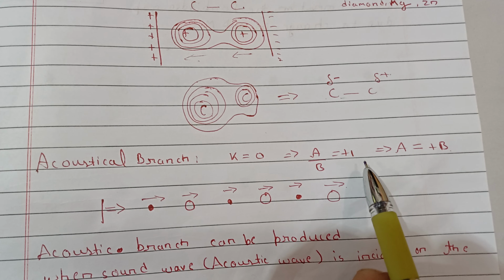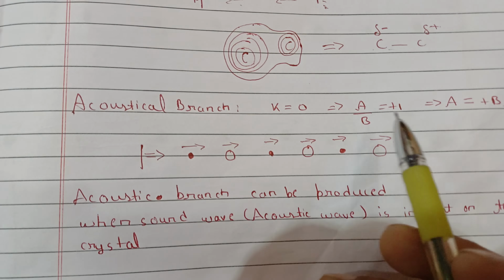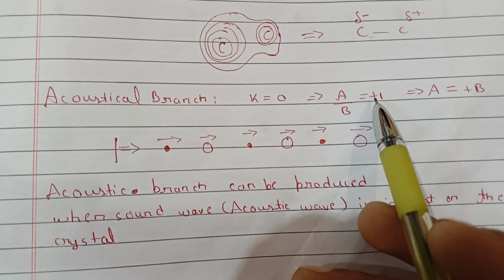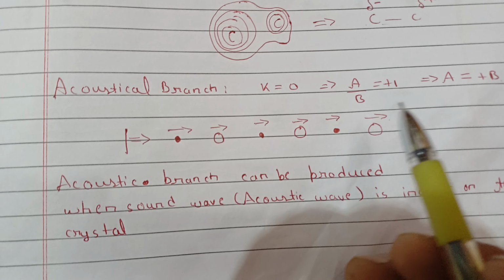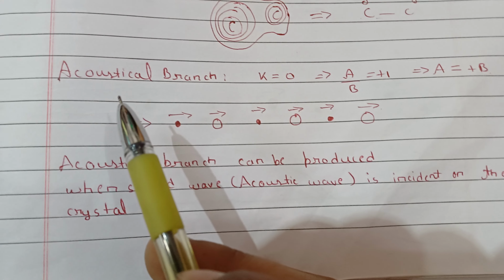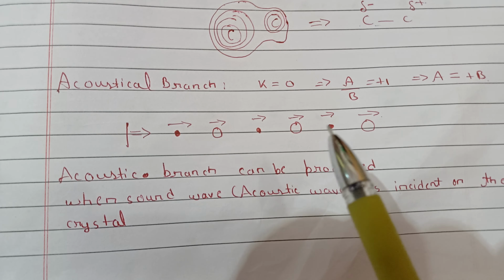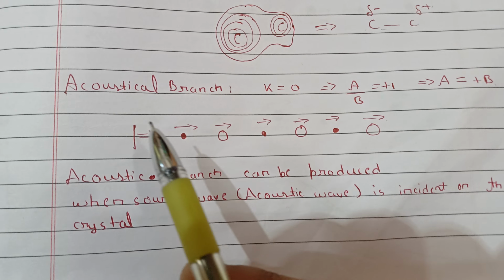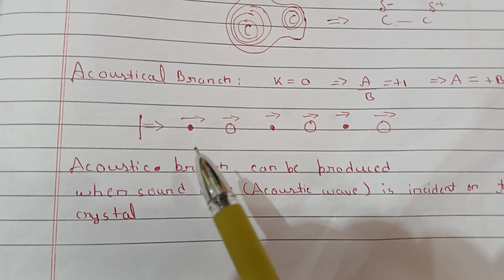This means the amplitude will be the same for both masses in the acoustical branch, and it is a plus sign, which means all will be moving in the same direction. So this is the physical meaning: the acoustical branch is nothing but the sound wave branch, or the sound wave we can observe in it. It is like what happens in a sound wave, just rarefaction and compression.